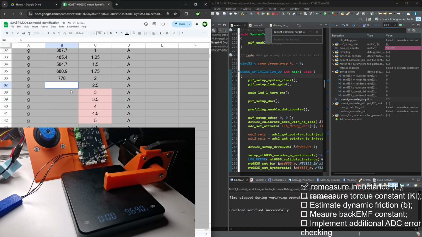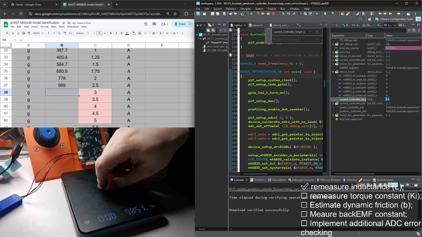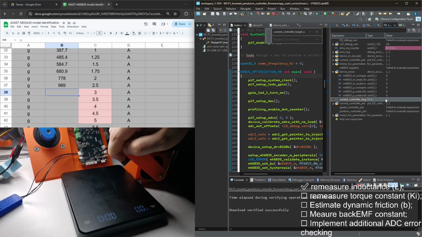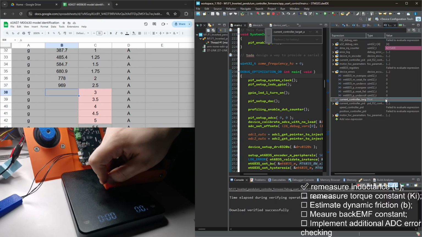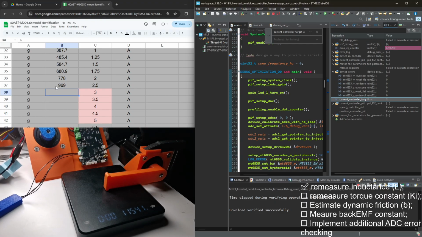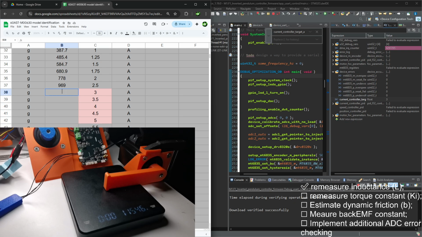Write down the number. And the number is 969. Switch number to 3. Okay. Put it lightly. 1154.7.